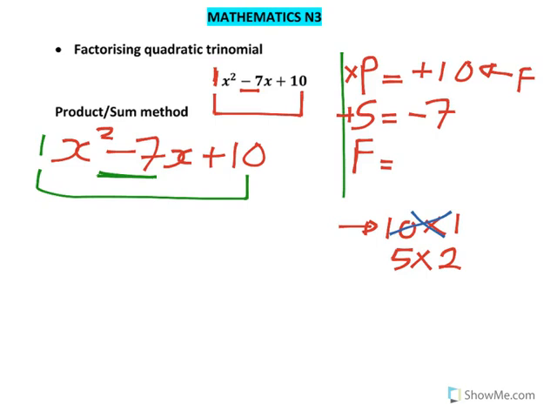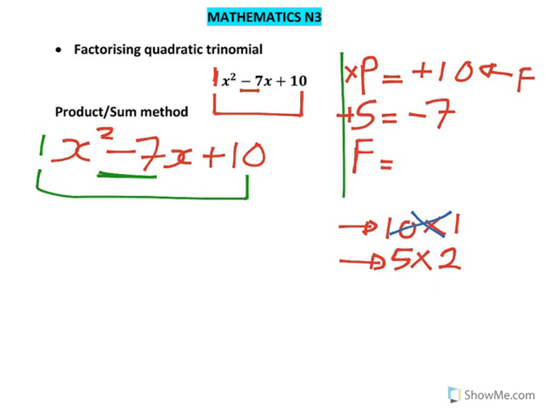The interesting one is the second one, which is 5 and 2. You can see if I just say 5 plus 2, I get a 7. But I'm not looking for a positive 7, I'm looking for a negative 7. Here you have to play with your calculator. You can start by saying 5 plus 2, you'll get a positive 7, which is not right because we need a negative 7.